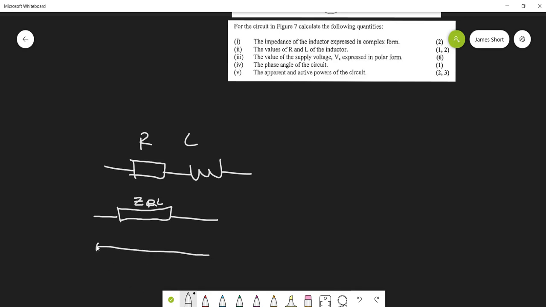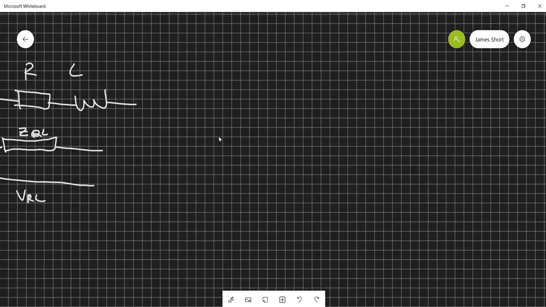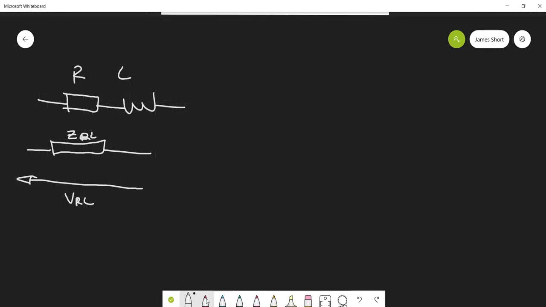And we've been given an equivalent voltage drop across that. So what I would do is find the equivalent impedance of this from the voltage. That's how I would tackle this part. So part A, we're looking for the value of the inductor or the reactance.